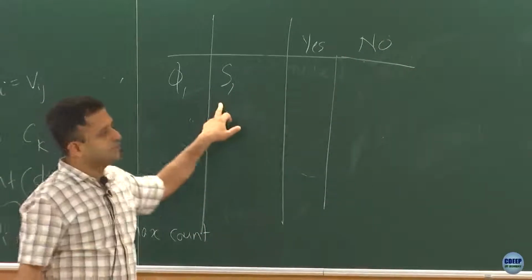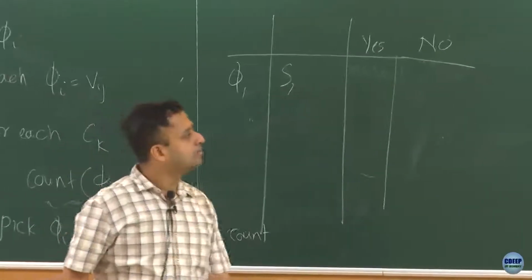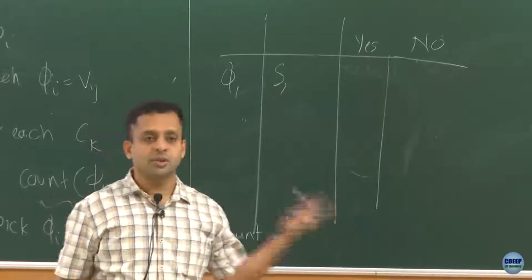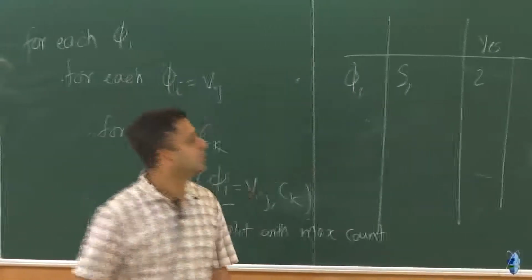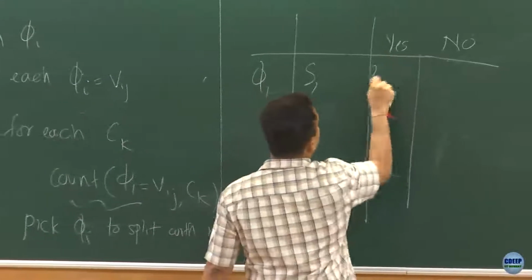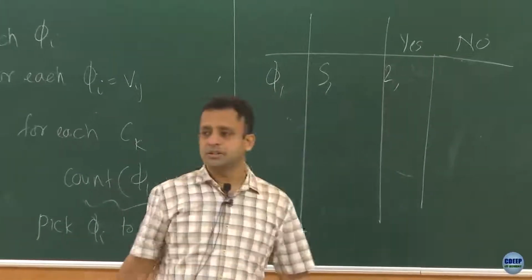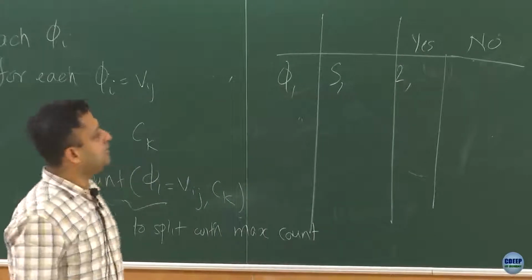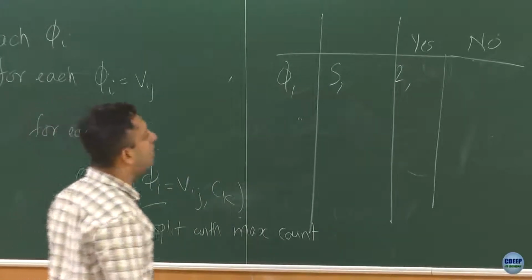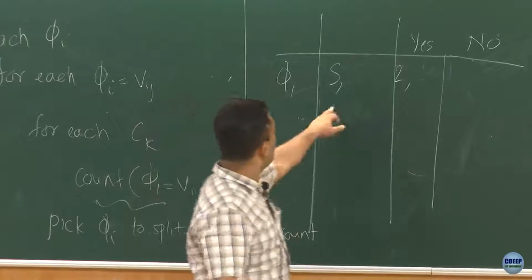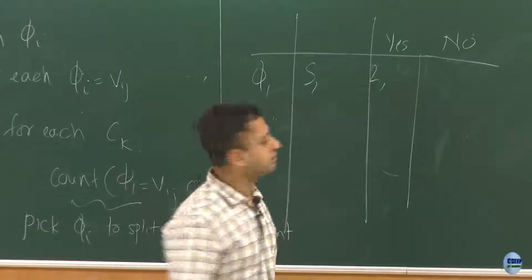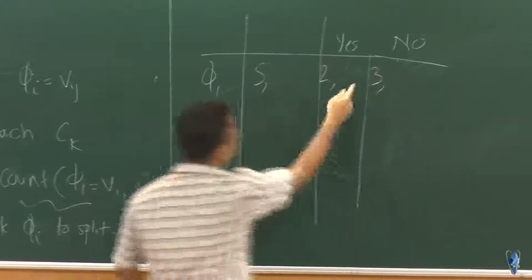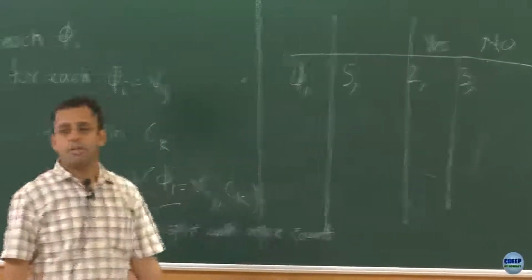So how often does sunny occur with play tennis? Twice? Is that correct? How often does overcast occur with play tennis? Okay, how often does sunny occur with not playing tennis? Thrice? So I'm putting these numbers here.